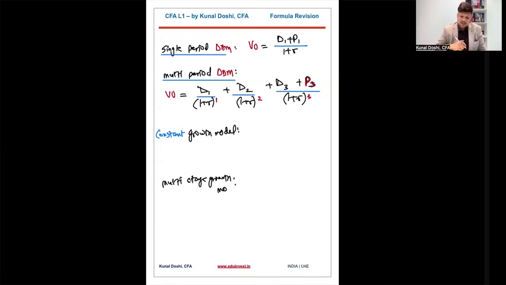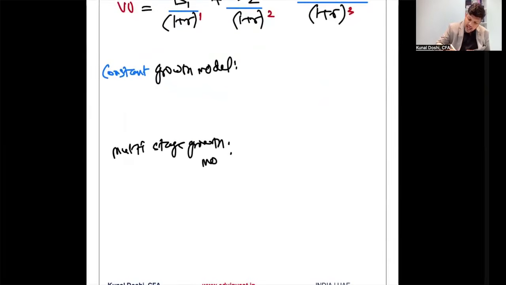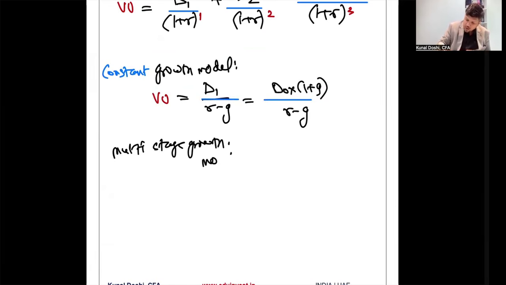Right? Constant growth rate model. In that, V0 or P0 is based on D1 over R minus G. And what is D1? Guys, D1 is derived from D0: D0 into 1 plus growth, over R minus G. Are you with me on this?